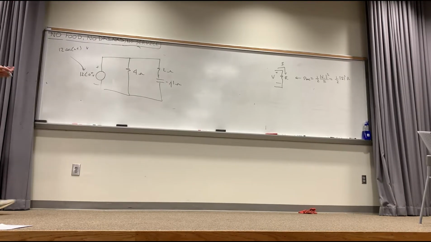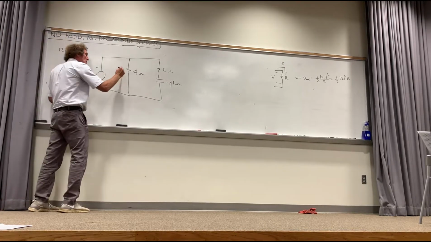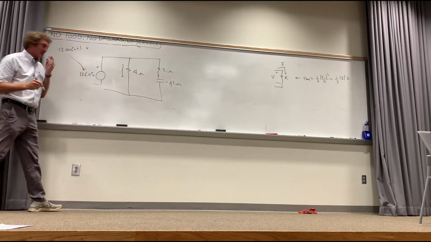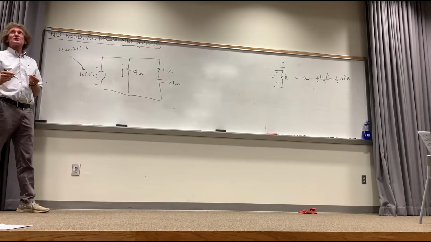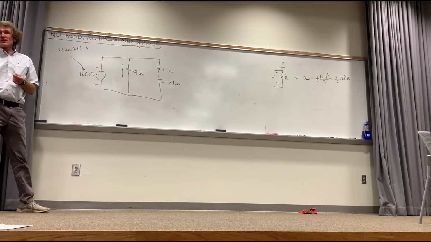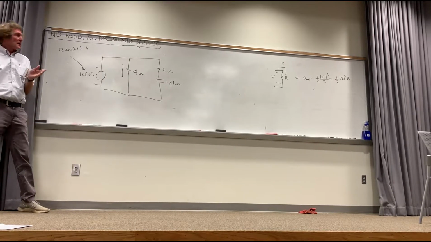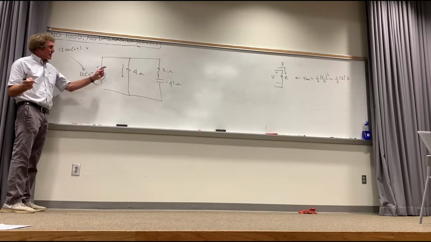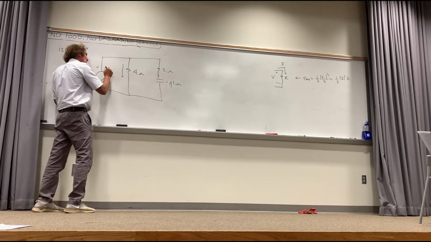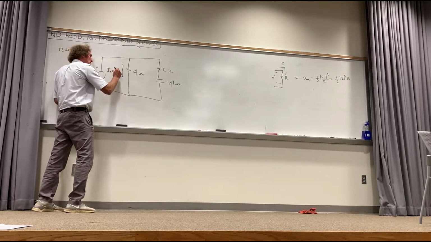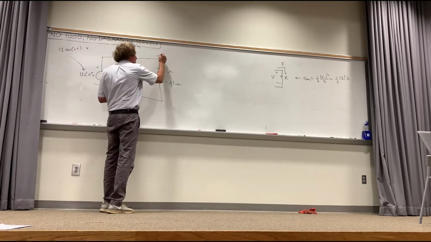For this one, let's take a look at this. What's the current here? Magnitude. Anyway, can you all see it? Current is what? Voltage divided by resistance, right? In the simplest sense. Well, the voltage is 12, the resistance is 4, it's 3, isn't it? So I here, I in the 4 is 3 amps. Now what is I here?